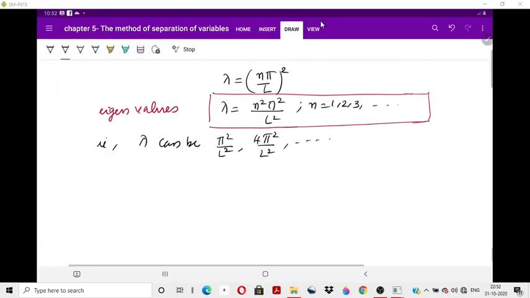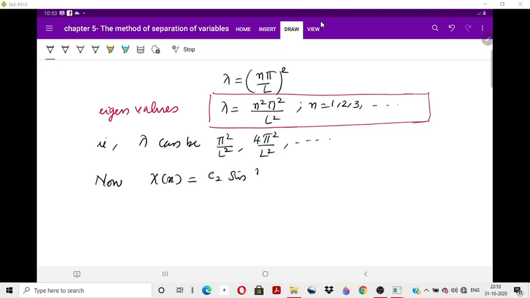Now the eigenfunction is given by X of x. X of x is equal to C2 into sine root lambda, n pi by L x, which are uniquely defined up to a multiplicative constant.